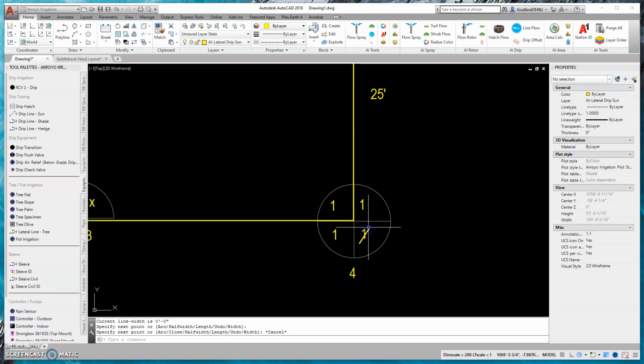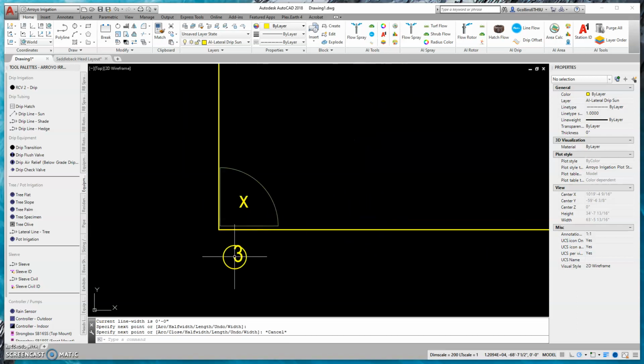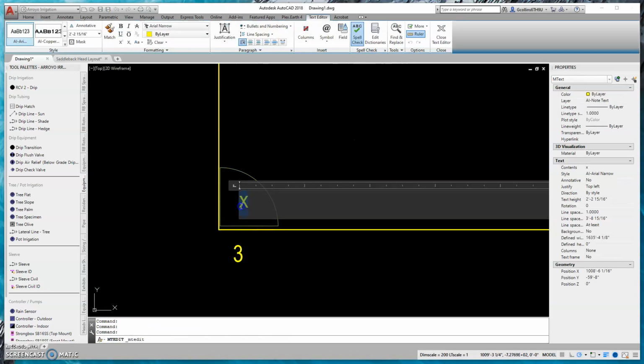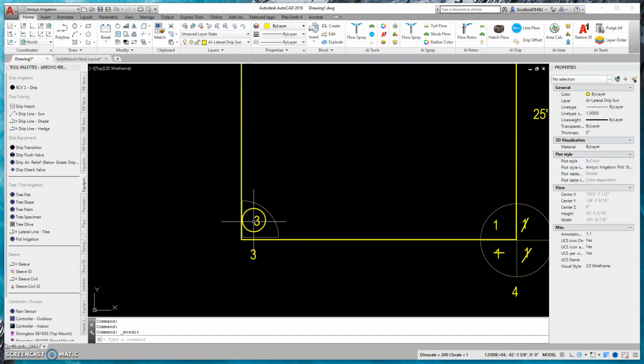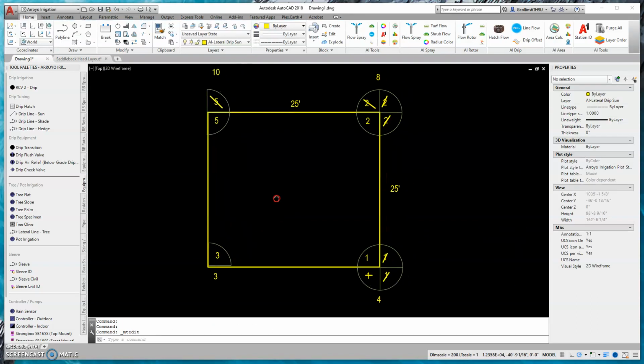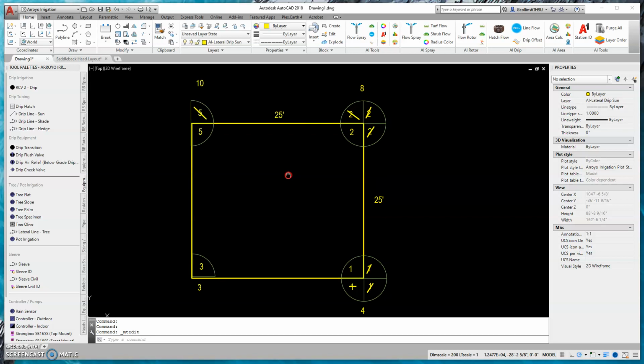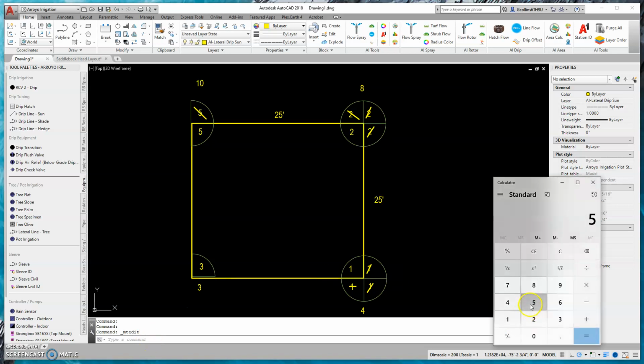And again, I don't care what's shooting outside. And then this is a 3 GPM, a quarter only shooting in, so that's 3 GPM. So then I have a 5, a 3, a 1, and a 2. So 5 plus 2 plus 1 plus 3 is 11 GPM.